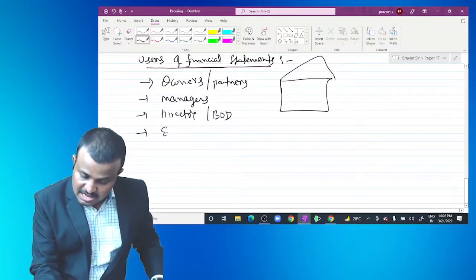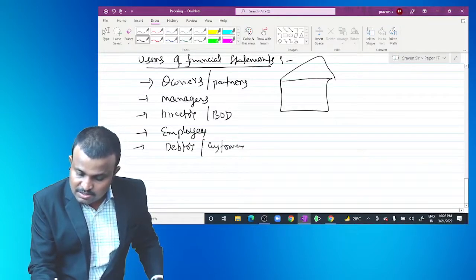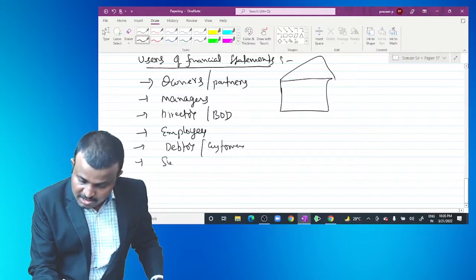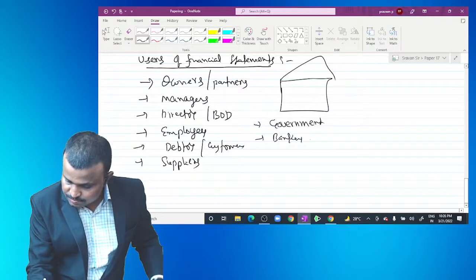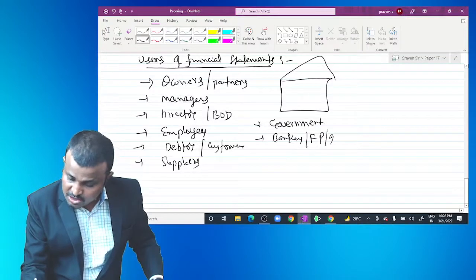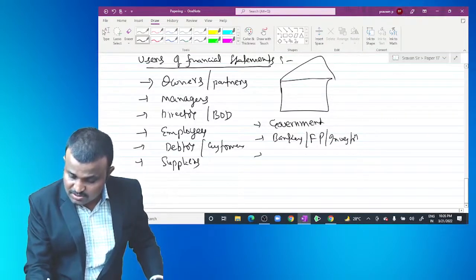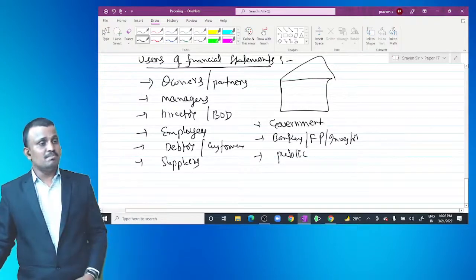Next, coming to the external, employees are there, and debtors or customers and suppliers, and government, and bankers or finance providers or investors. Those are also called investors. And at large, the public. At last is the public.